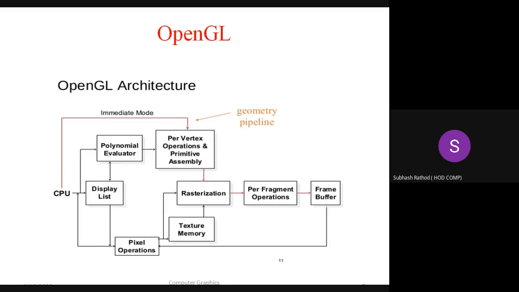Again, rasterization is the process of converting the whole image into various fragments, and the digital values of the resulting sub-images are stored in the frame buffer. Remember, digital values are stored in the frame buffer. If somebody asks what the frame buffer is, it is the temporary memory where the pixel values of a particular frame are stored.